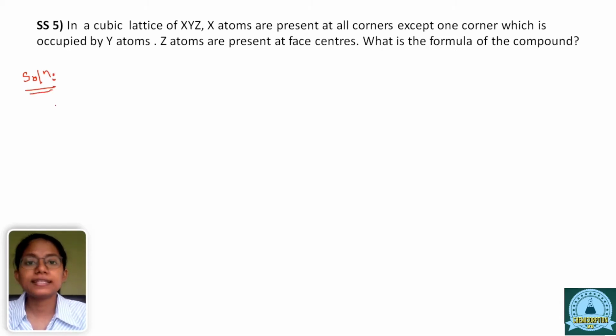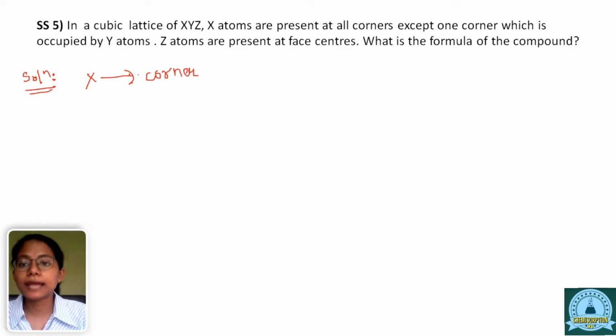In a cubic lattice of XYZ, X atoms are present at all the corners except one corner, which is occupied by a Y atom. So here it is saying that X occupies the corner positions, but one atom is missing.